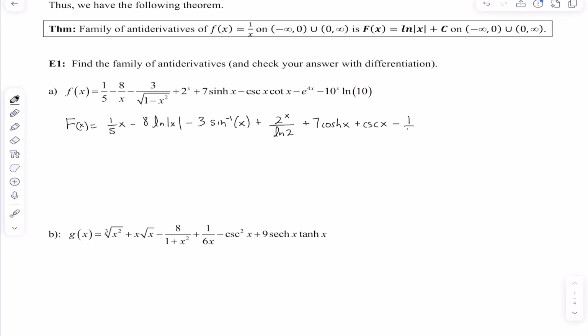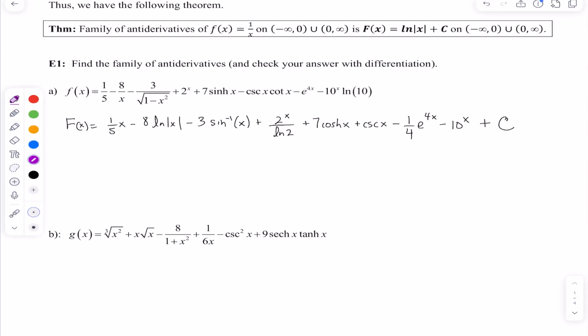Some facts are harder than others, but that's why we're going to check by differentiating. And finally, we want the family of antiderivatives, so we have to add an arbitrary constant.